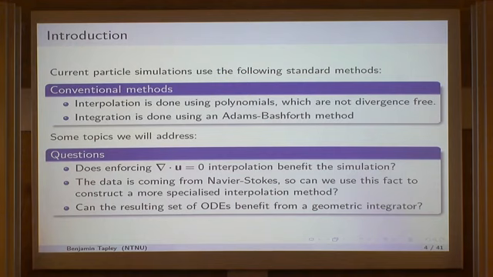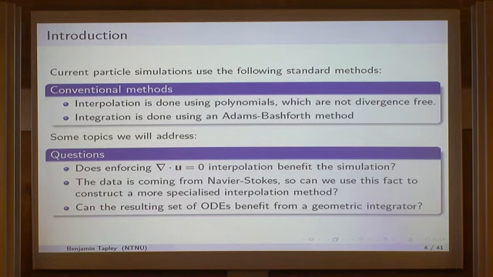I'm from a geometric integration background, so whenever we see some sort of structure, we like to preserve it. So we're going to look at what benefit enforcing this divergence-free condition on the interpolated vector field has on the simulation. In addition, we have some extra information: the data is a solution of the Navier-Stokes equation.